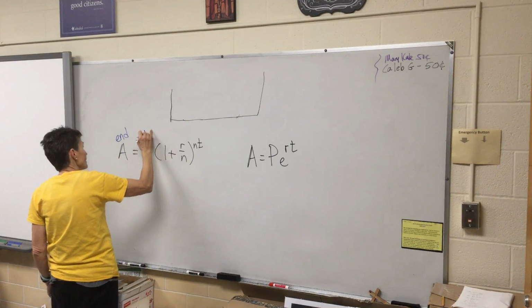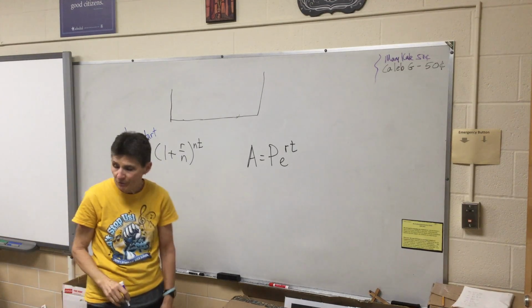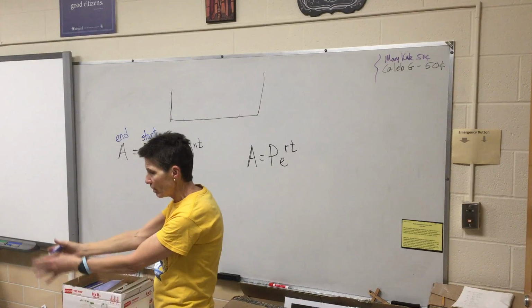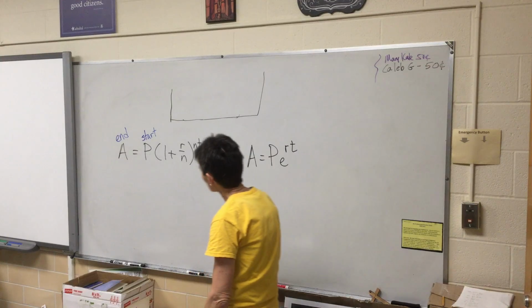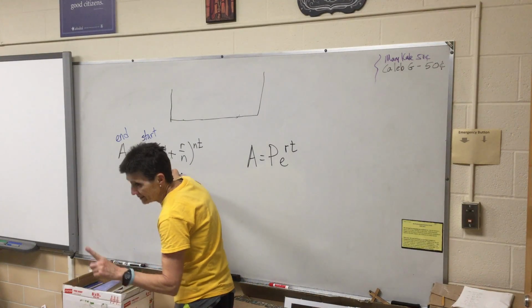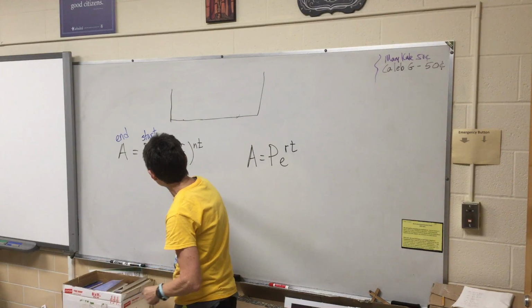P is the starting amount. So if you took $100 down to the bank and said, here you go, deposit this in my account, that's your P. This is a 1. It's an actual number 1, so it doesn't stand for anything.